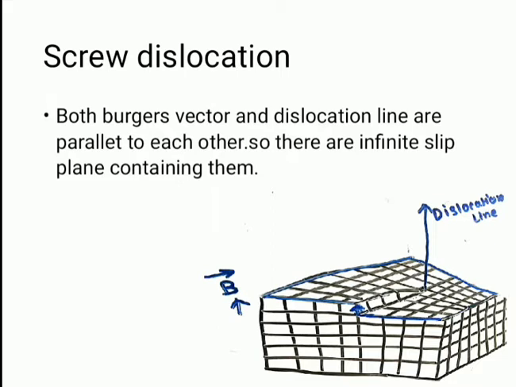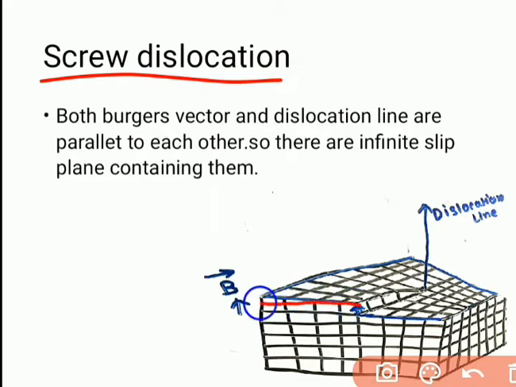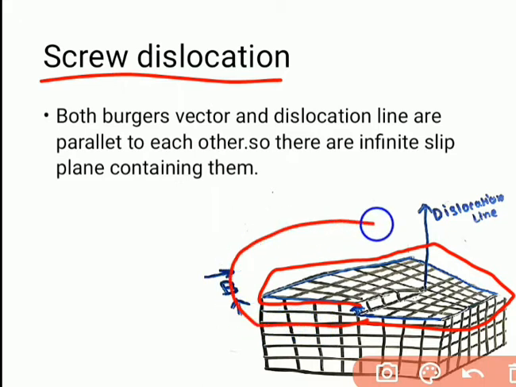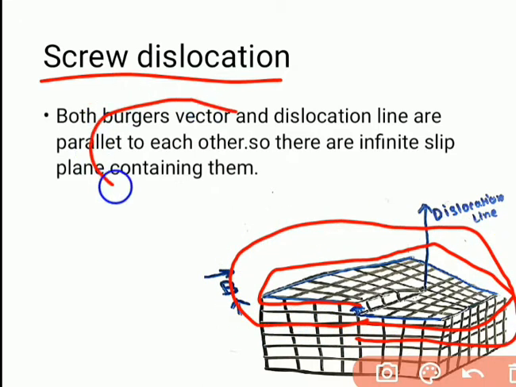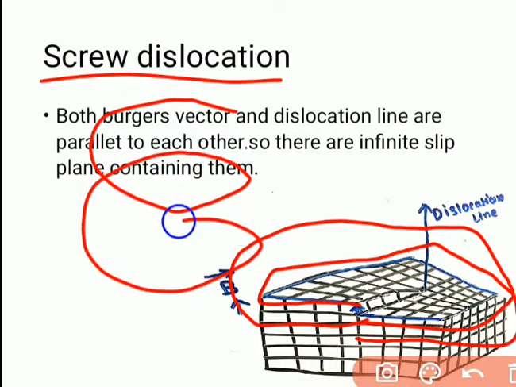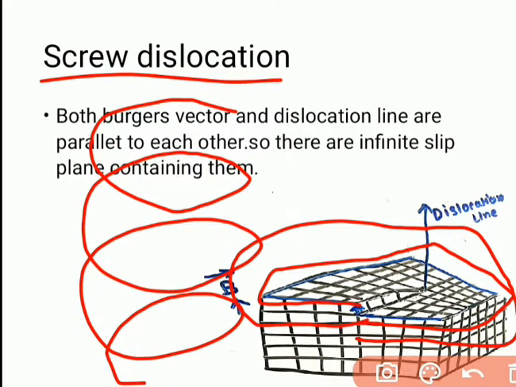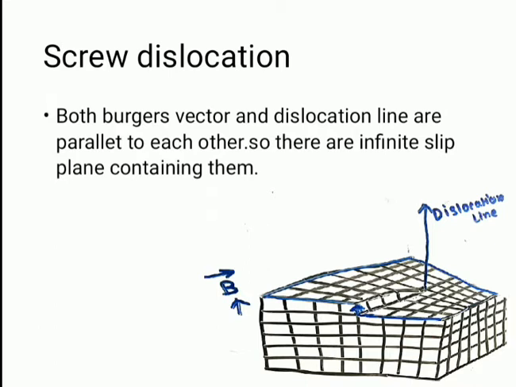So why are we calling it a screw dislocation? If we complete the circuit here in this crystal, we reach the second layer of atoms. If we go again, we reach the third layer. In this way, we are moving like a screw in this structure. That is why we call it a screw structure.